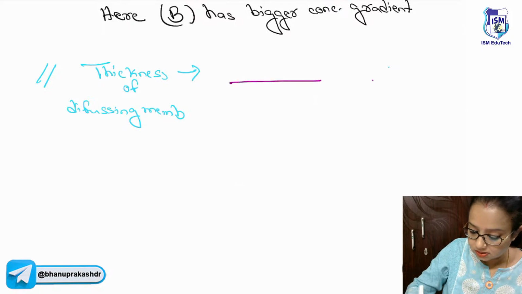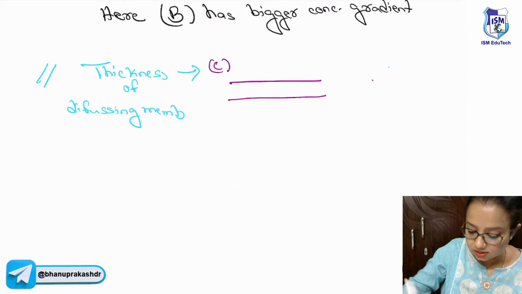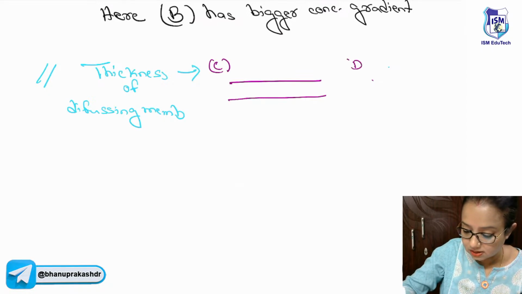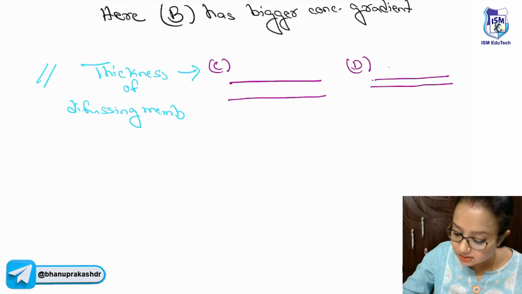say this is the diffusing membrane, case C, and this is case D, another diffusing membrane. So where is the thickness more?